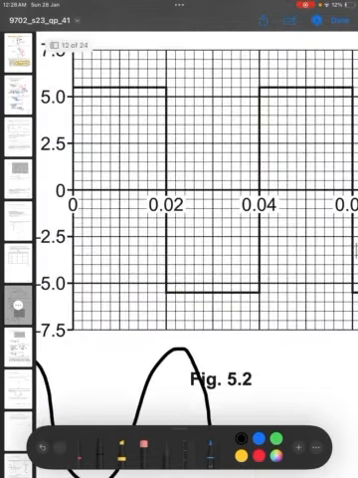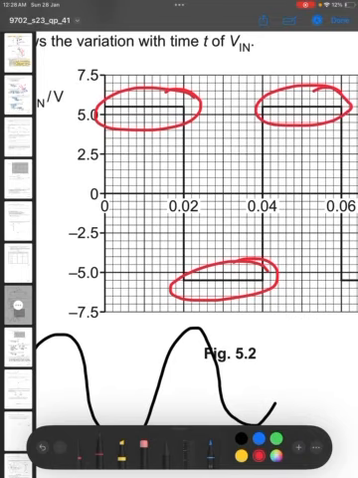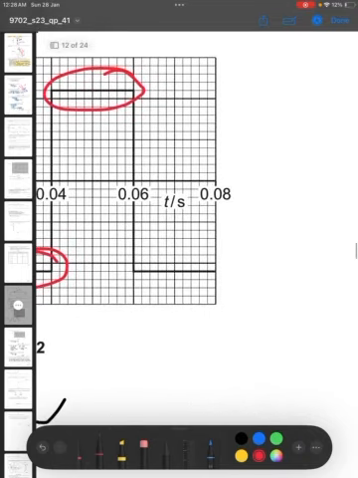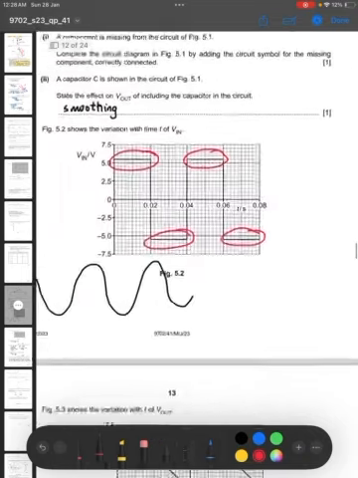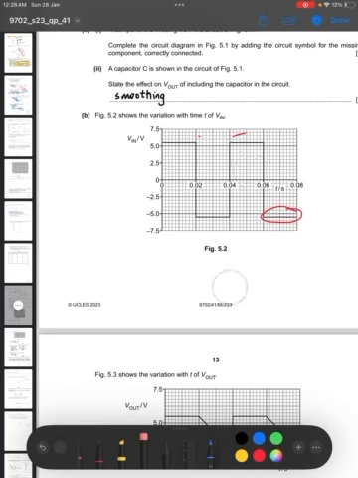So here we have current which is changing direction. As you can see in this region, here is positive, here is negative, positive again, and then negative again. So that shows an alternating current changing direction continuously, an alternating voltage.